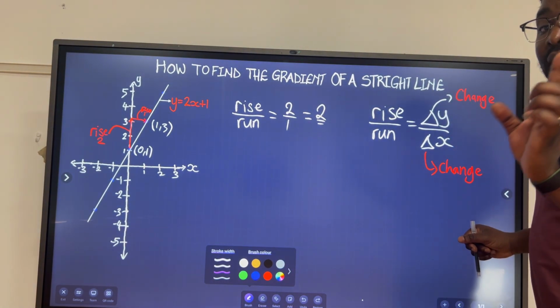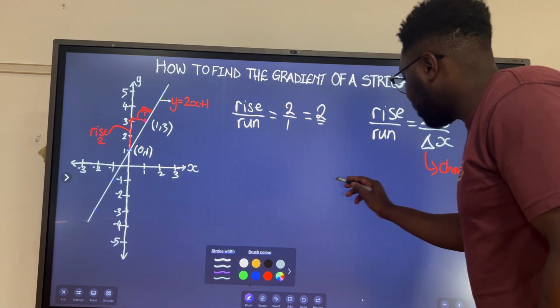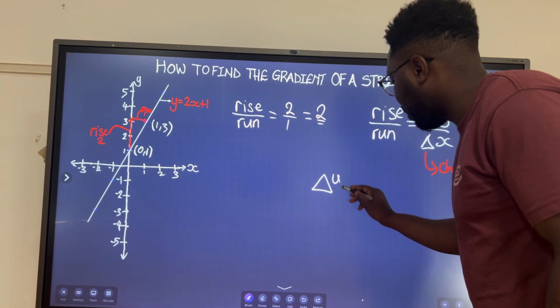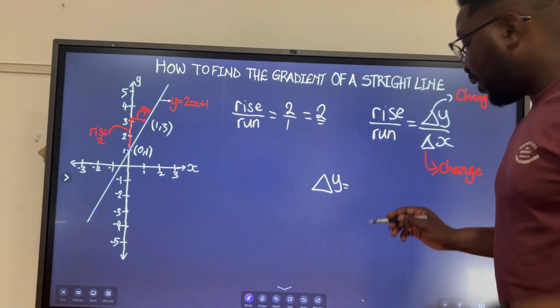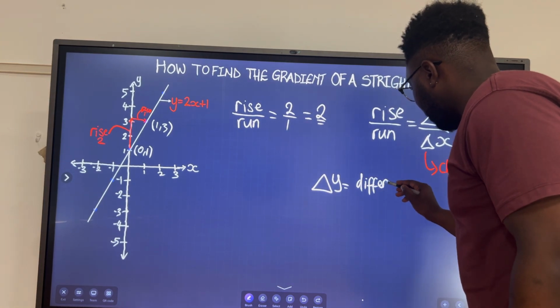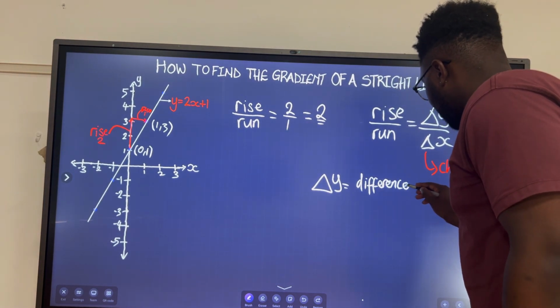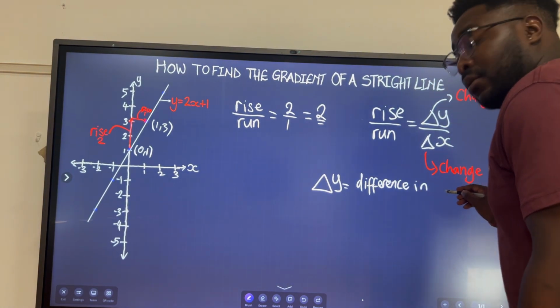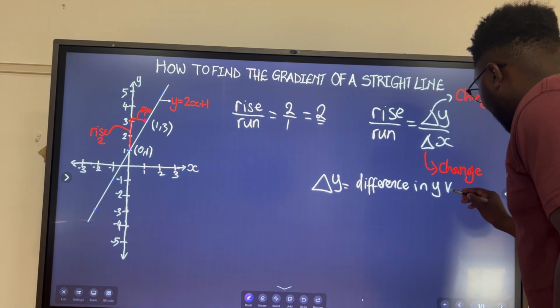So the change in y is the difference in y values.